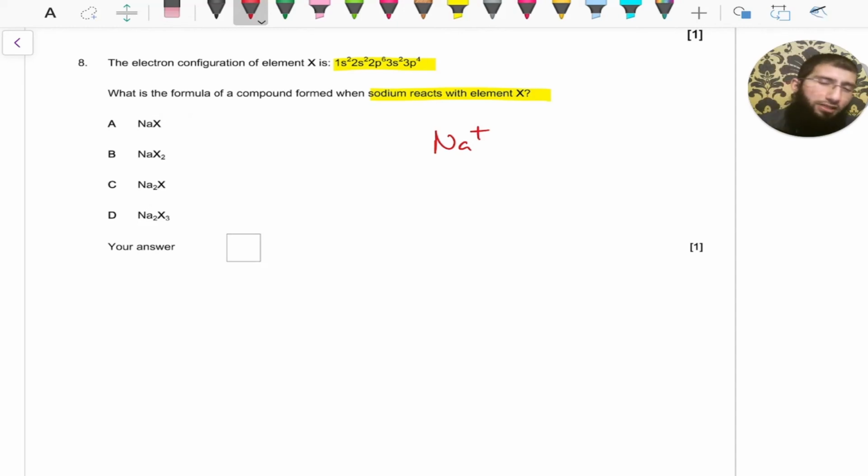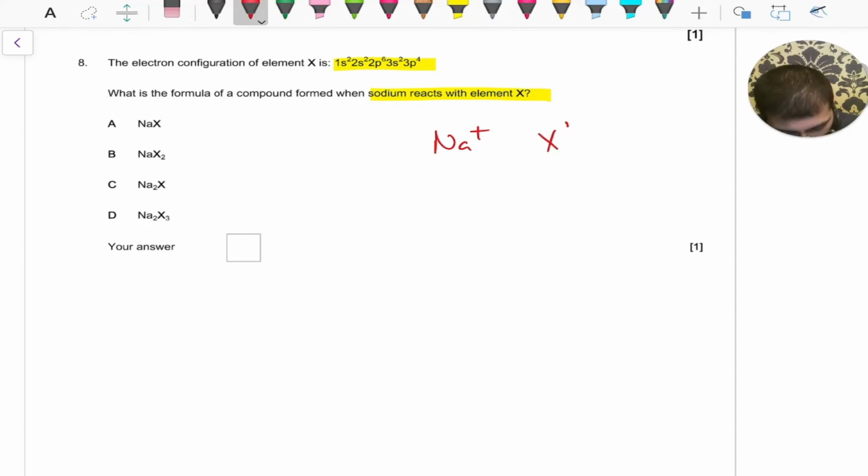So if we know it's the 4th of the p block, that is, the 4th group being group number 6, then that means if X is an atom that belongs in group 6, it must have 6 valence electrons, 6 outer shell electrons. Therefore, it must gain 2 to obtain a full shell of electrons, meaning it must have a 2- charge in its ion.